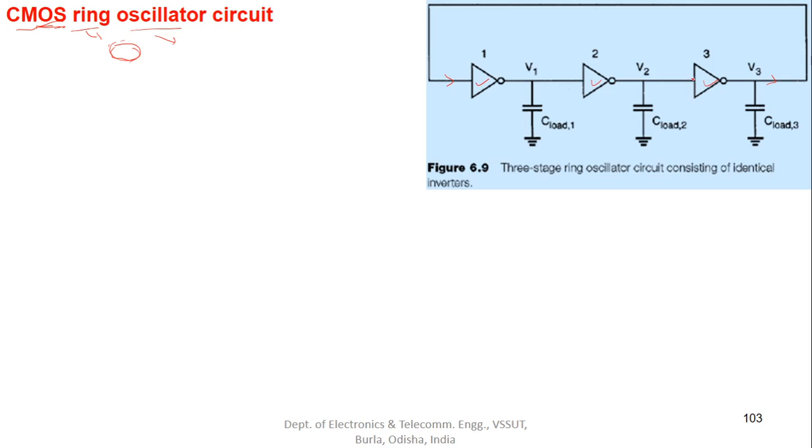So it will keep on oscillating under certain conditions; it will not stop. You can compare this with the already studied oscillator circuits in your analog circuits. Remember there, oscillator circuits were used for generating sinusoidal signals of certain frequency under certain conditions. Similar thing is done here.